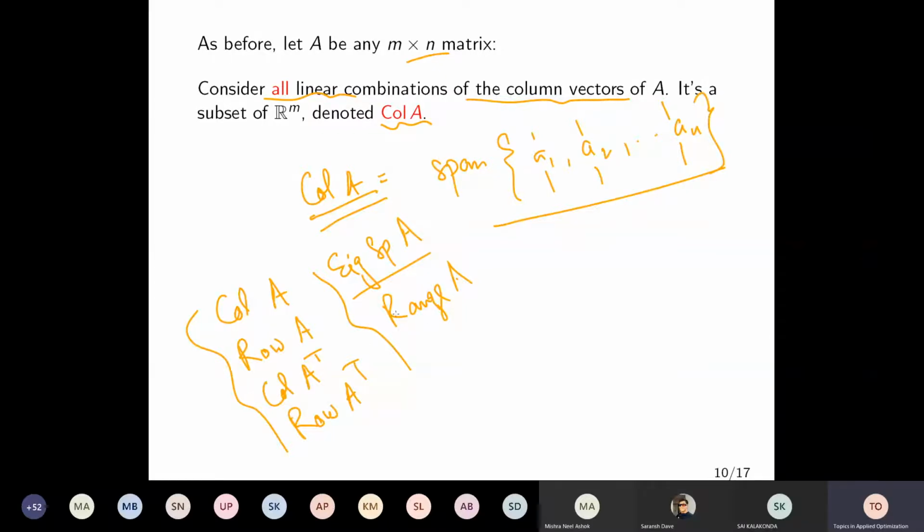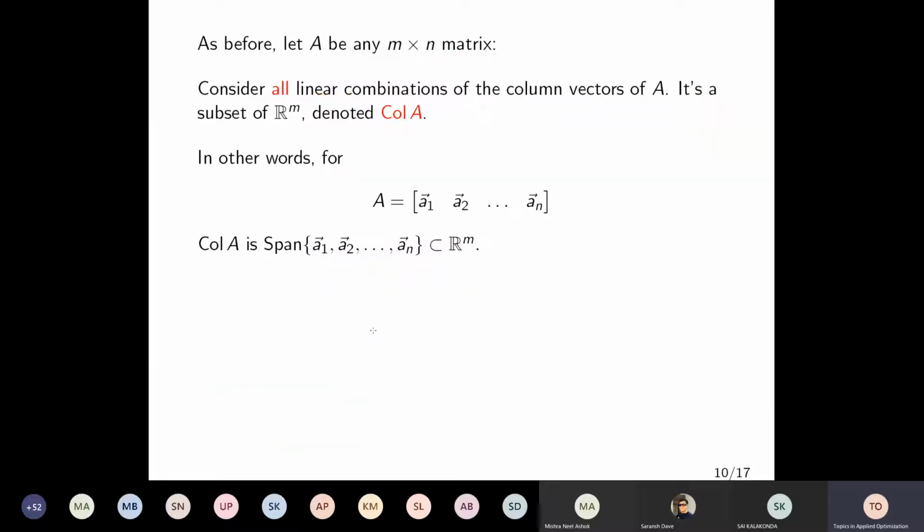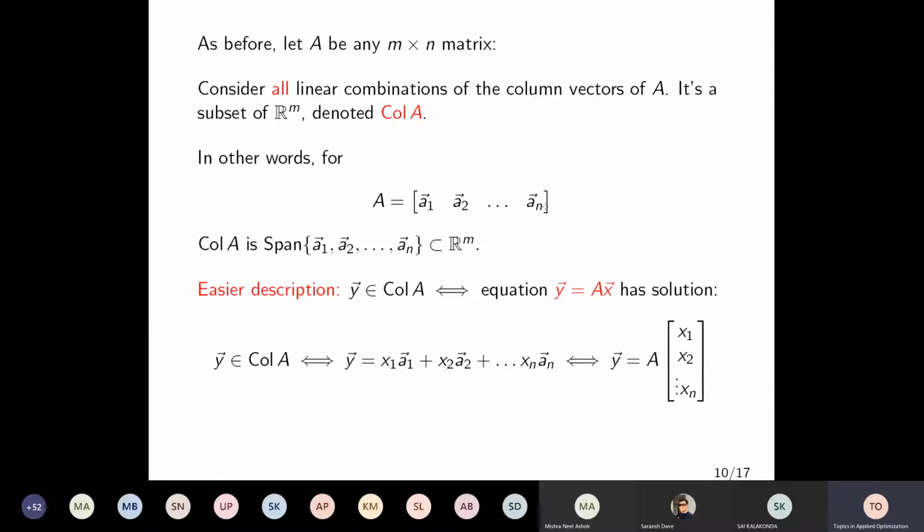We will come back to this, but these are the fundamental vector spaces related to matrices. We will see some of these in the coming lectures. The column space is the first one, which is just linear combinations of all the columns of A.